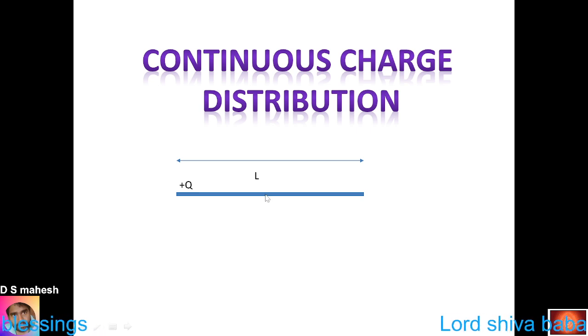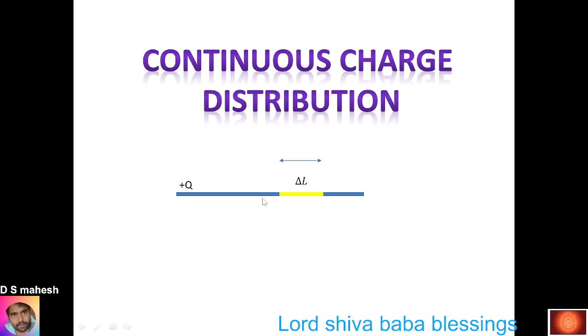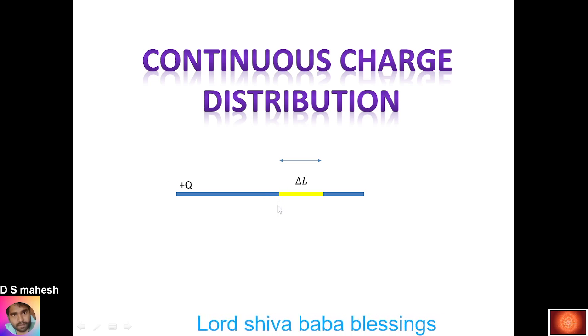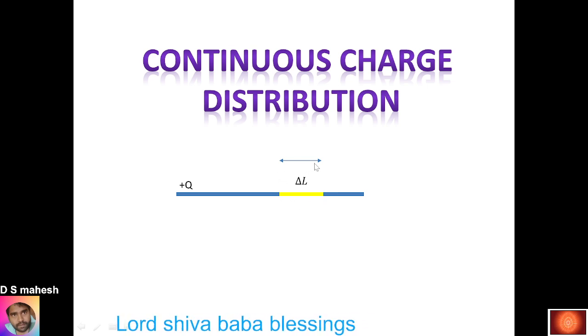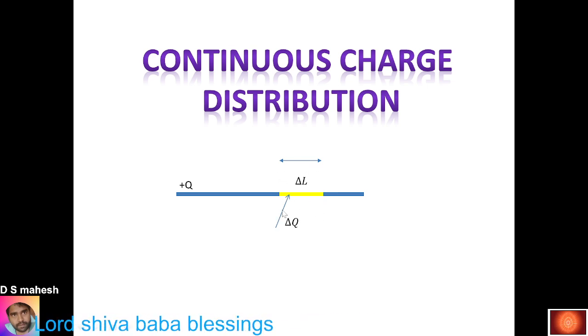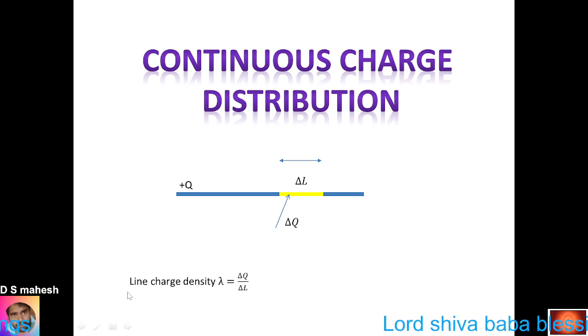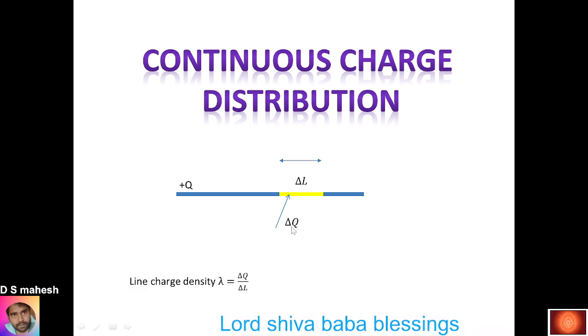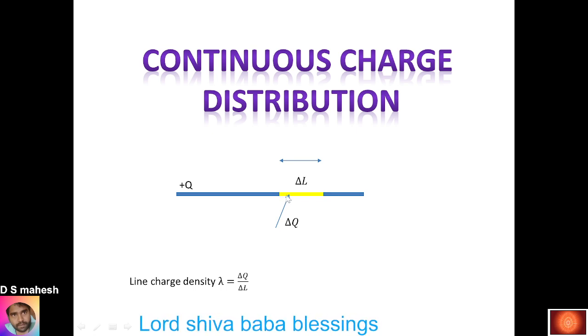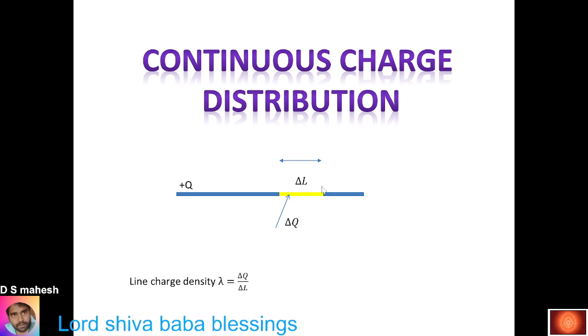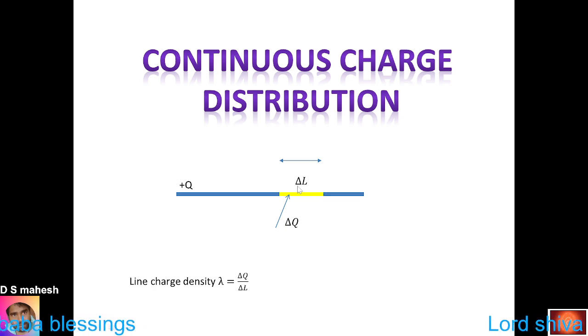If we need to perform any operations, we consider only part of the line, given by delta L. The amount of charge present on this small length delta L is delta Q. This is the line charge density, given by lambda, which is equal to delta Q by delta L. If we are able to calculate the charge density over this small element, we can calculate the entire charge distribution by integrating.